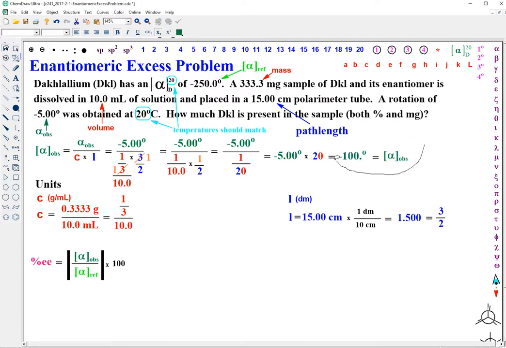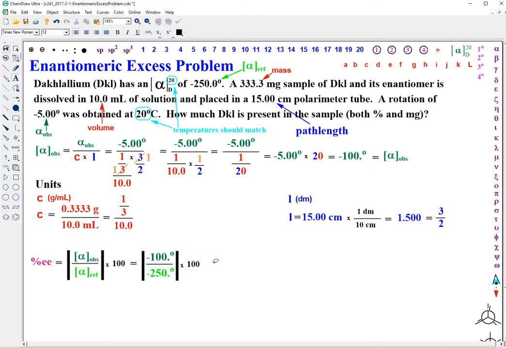So what we have calculated here is the standardized lab value. Now that this is under standard conditions, it can be compared to the reference value, which was given in the question. We're finally ready to use our percent enantiomeric excess equation down here. So let's set that up. That becomes negative 100 over negative 250 times 100.